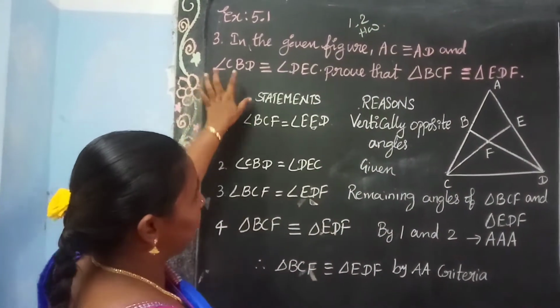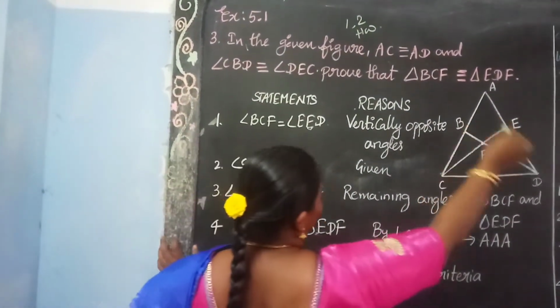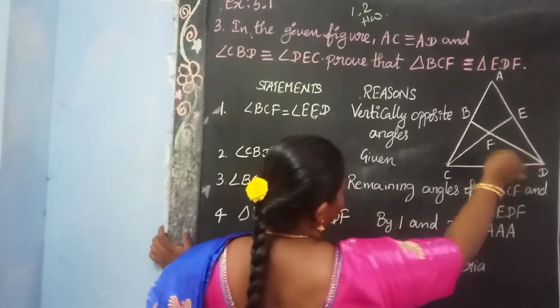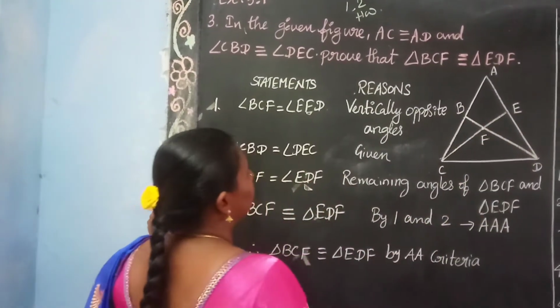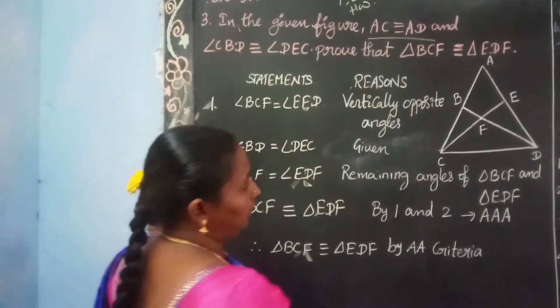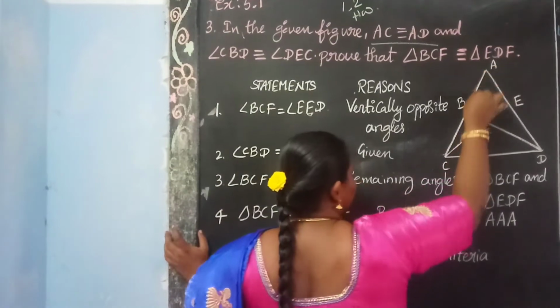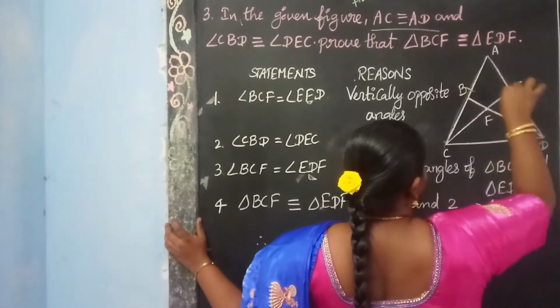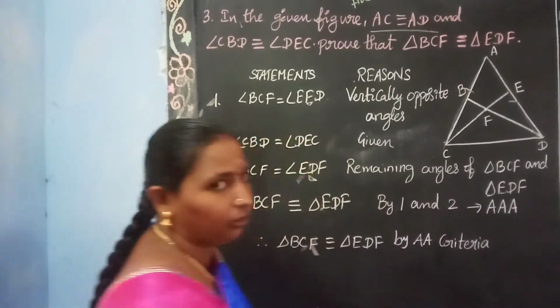Next. First, they have given one figure with triangle A, C, D, and between that we have small triangles. They have given AC is congruent to AD. Congruent means both are equal, that is AC equal to AD.